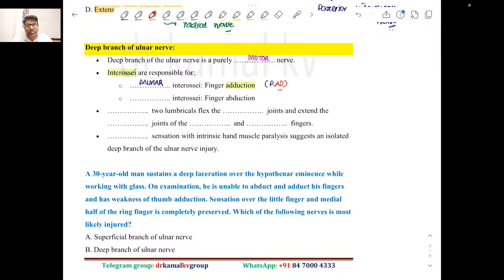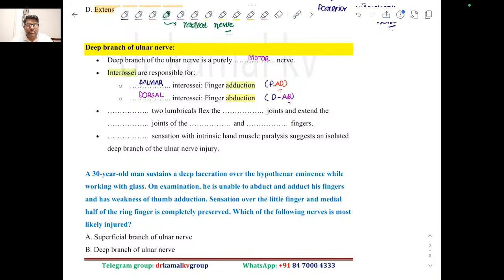P for palmar interossei, AD for adduction. And the dorsal interossei are responsible for finger abduction, taking the fingers away from the middle finger. So this is DAB. So PAD, DAB. This is the mnemonic which is very commonly taught. So palmar interossei, finger adduction; dorsal interossei, finger abduction.